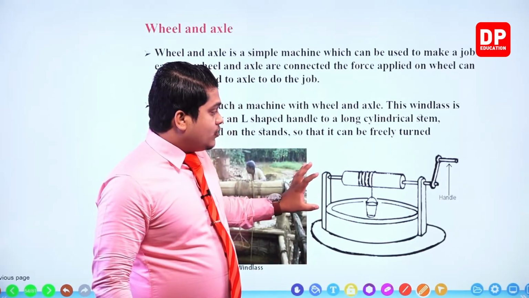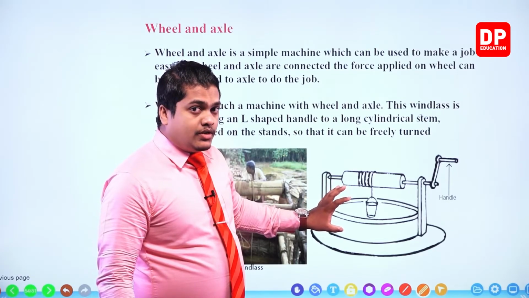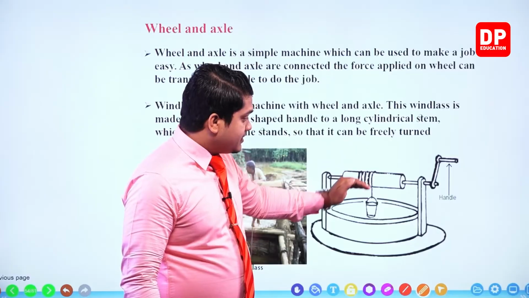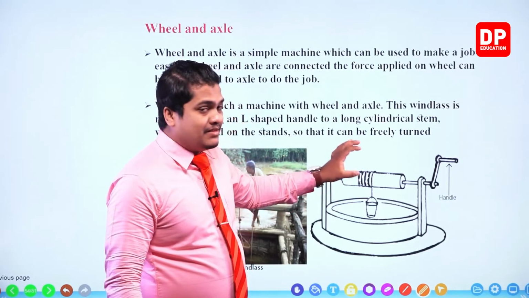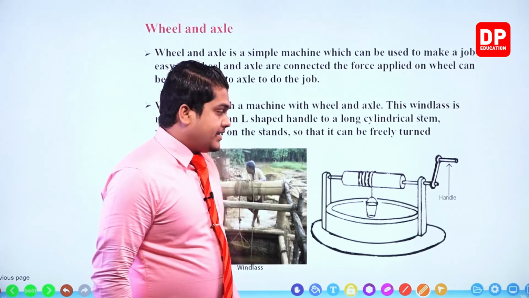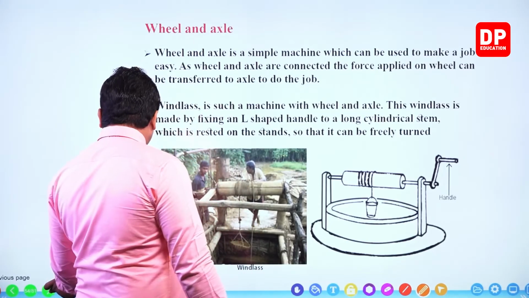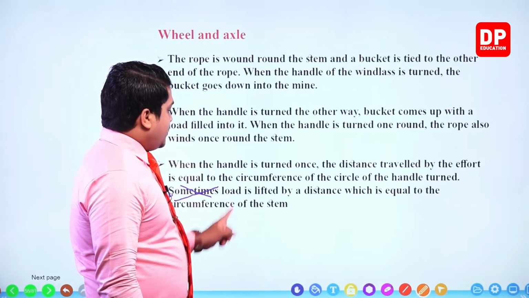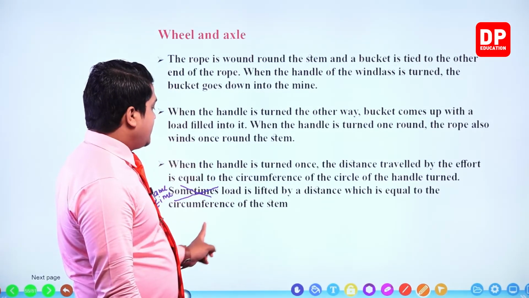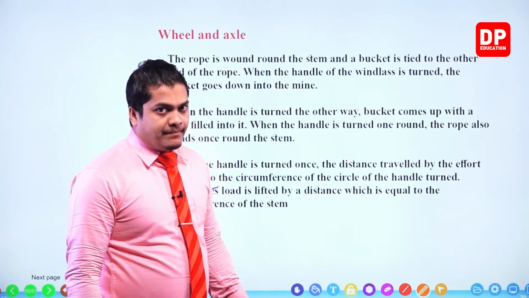And to find the work done on the load, you just multiply the load with the circumference of the stem. Stem means the axle. Okay, right then.